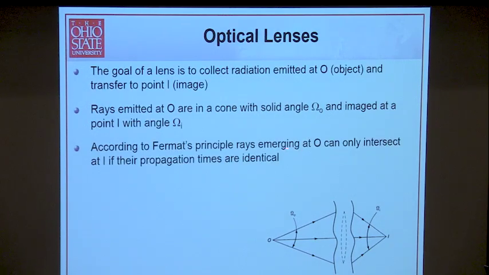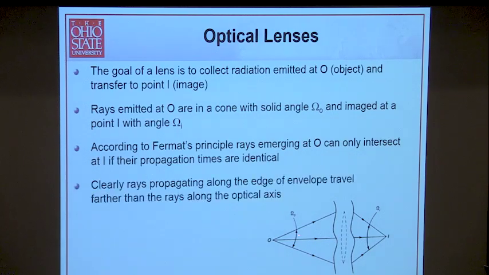Well, we know from Fermat's principle that rays emerging at O can only intersect at I if their propagation times are identical. So they need to be there at the exact same time. Clearly, the rays that have to travel here and here travel a much longer geometric distance than the ones going right down here. Okay? So really, we need to slow these ones down in the middle.